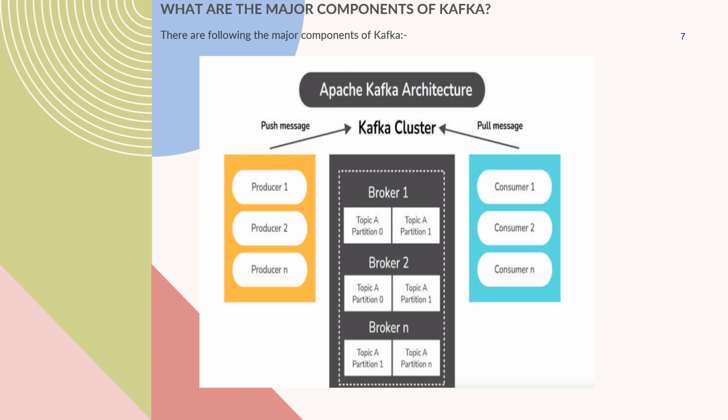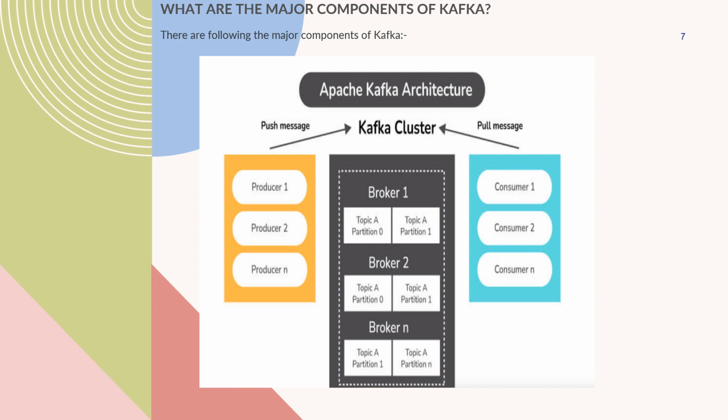There can be one or more brokers in the cluster, as you see in the picture. A Kafka cluster having only one broker is called a single-broker cluster. A Kafka cluster having two or more brokers is called a multi-broker cluster.